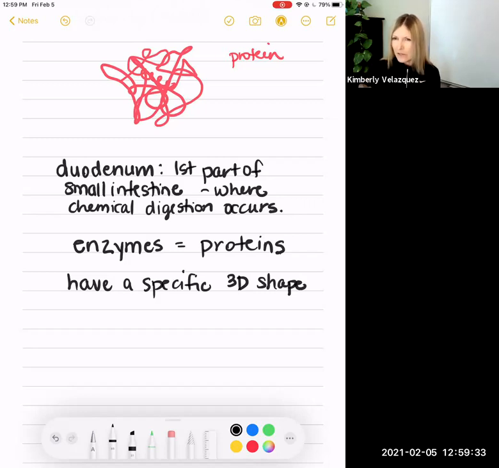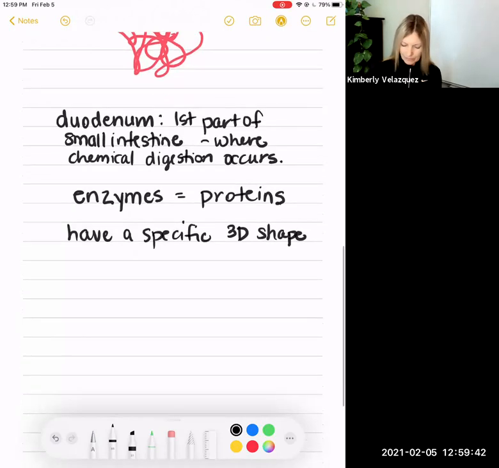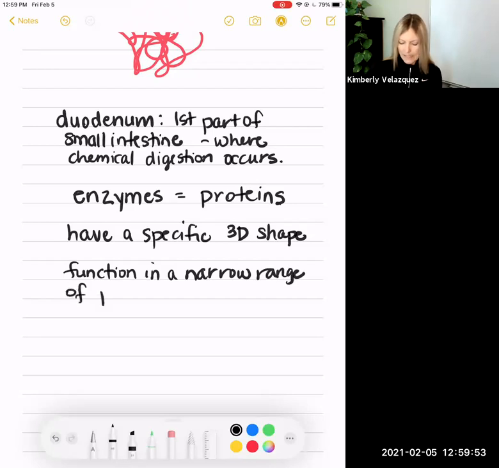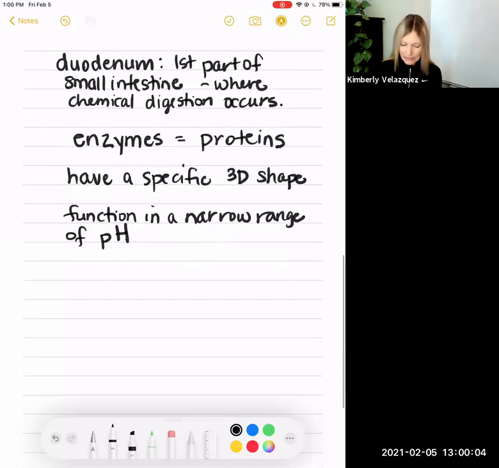In fact, it's a very narrow range of pH, temperature, and salinity at which these enzymes will function correctly. So these enzymes function in a narrow range of pH. I'm just listing pH because that's what we're talking about today.